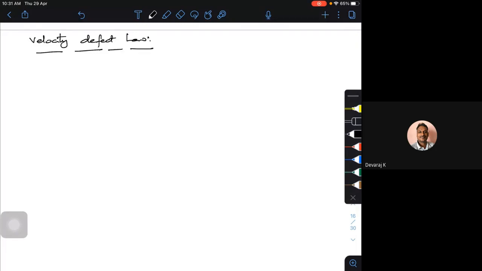See, it tells that if I take the defect velocity, what is it actually? The defect velocity we are going to define. This is the difference between your free stream velocity and your local velocity.